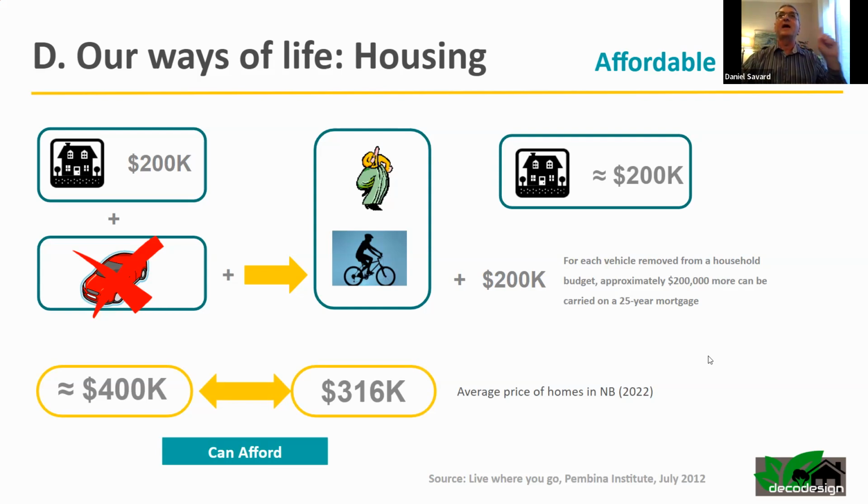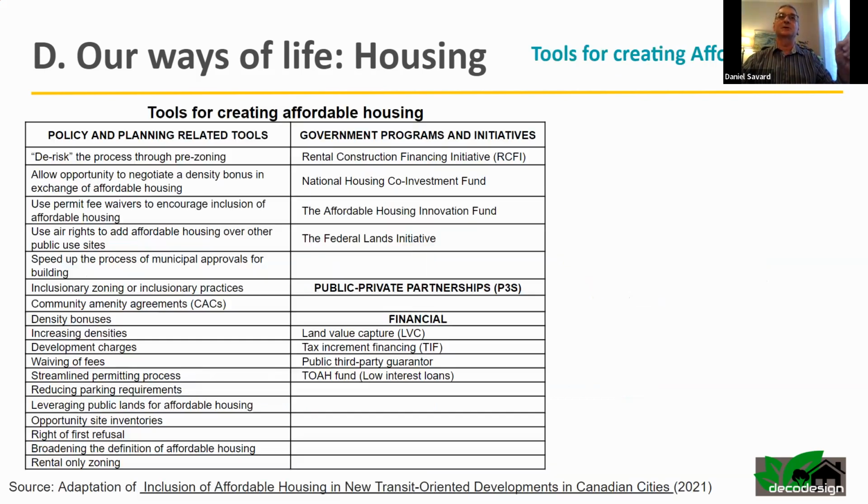However, we have to understand we're going to need to put a lot of emphasis on the design of our communities and our subdivisions. And we have to look at the tools for creating affordable housing. Here, I just looked at information that came out in 2021 that was promoted by CMHC, which is very interesting.